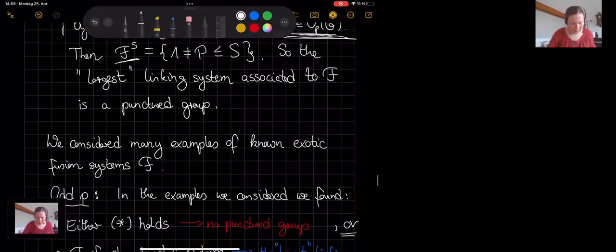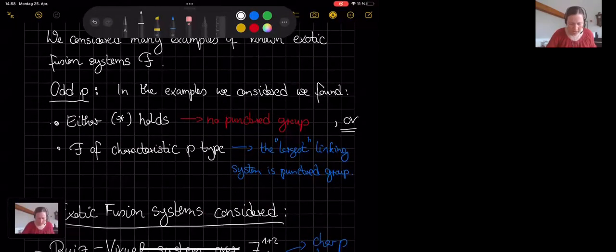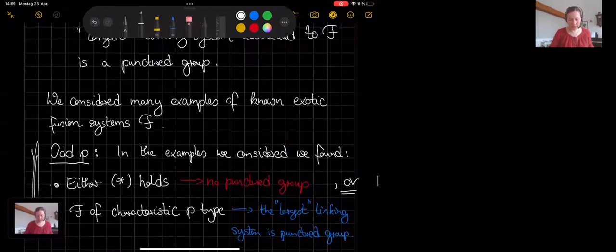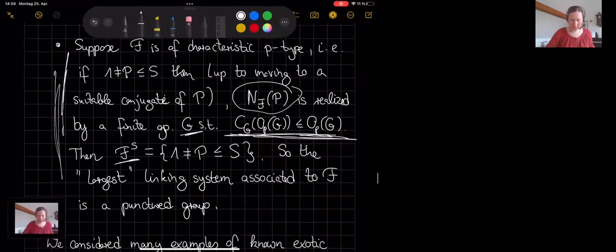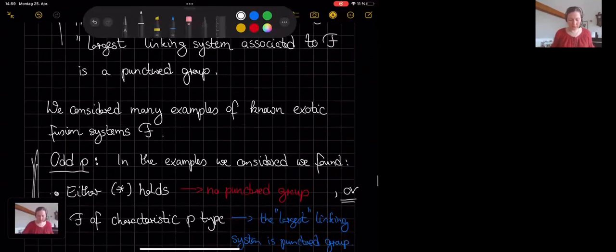And now we considered many examples of non-exotic fusion systems. And for odd P, the interesting thing is that in all the examples we looked at, we found that either this property star holds, so we know that no punctured group exists because some normalizer is exotic, or we know that it's of characteristic P-type, so we are in this case here, and that means that the largest linking system is actually a punctured group.